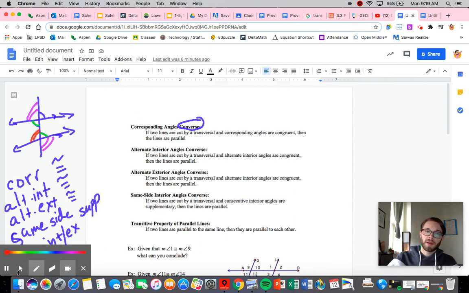And then we do have one final property that we can relate to, which is saying if two lines are parallel to the same line, then they're parallel to each other.